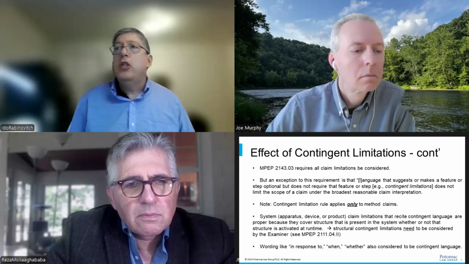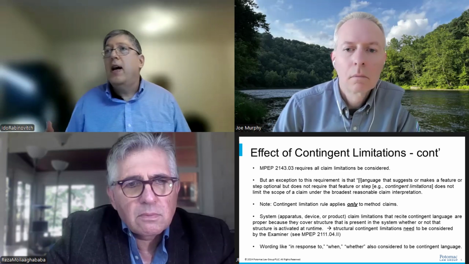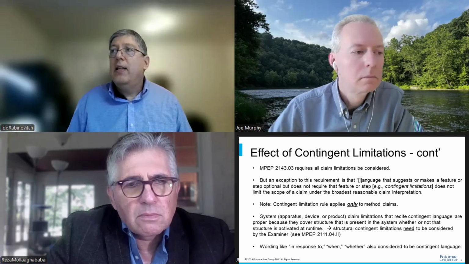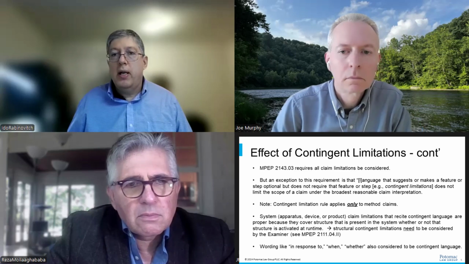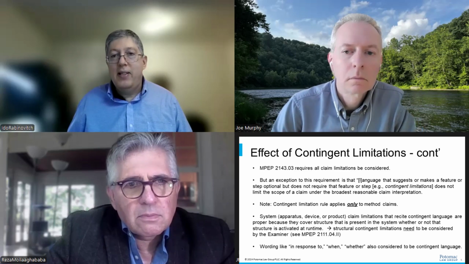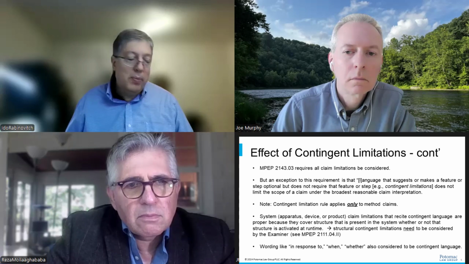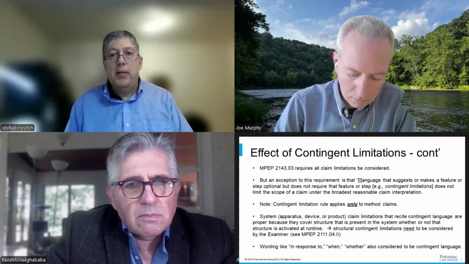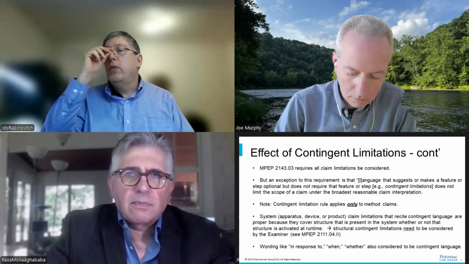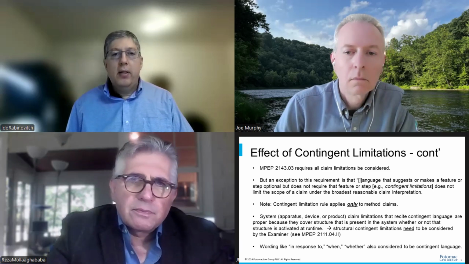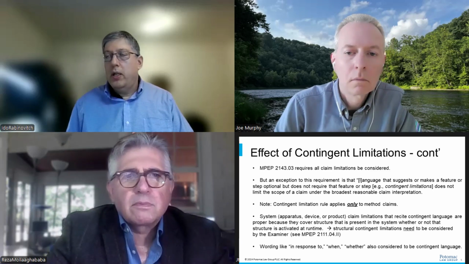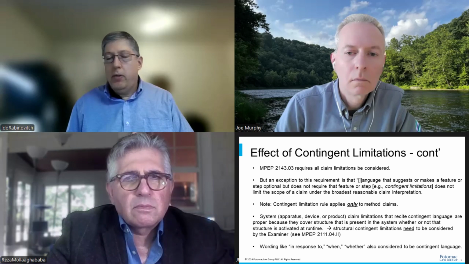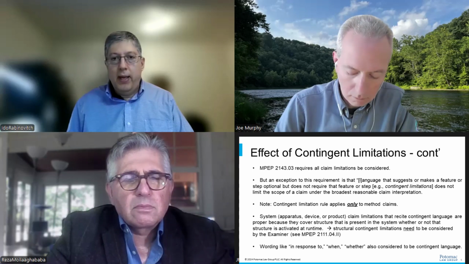The only other thing I wanted to mention on this slide is that the rule of interpretation is dealt with at 2111. That's when they talk about the broadest reasonable interpretation. There's also mention of it in the obviousness section of the MPEP, 2143.03.